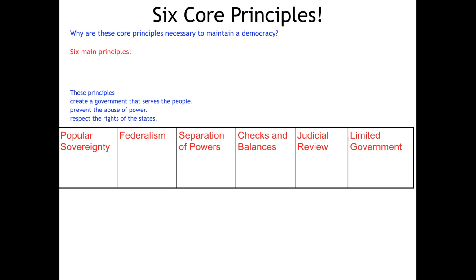The issue for the last 30 years has been to respect the rights of the states. And remember, Amendment 10 talks about those powers not given to the federal government or the national government being reserved for the states. It just doesn't say what they are. And that is where, with the rise of the conservatives in the 1980s, we've been. Maybe the pendulum is swinging back a little bit.